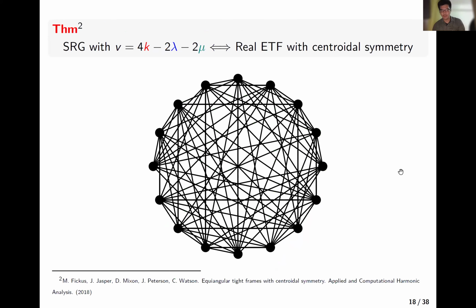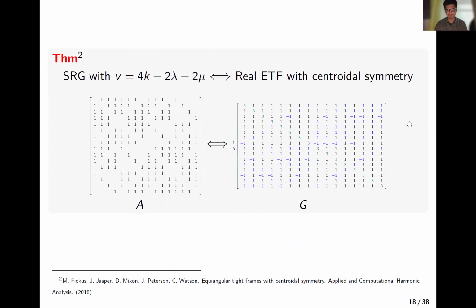As it turns out, by work by Fickus, Jasper, and the other authors below, an SRG, or strongly regular graph, with these parameters corresponds to a real ETF with centroidal symmetry. We're not going to go too deeply into this, but here's the idea. If we start with the Gram matrix of our real equiangular tight frame with centroidal symmetry, we can replace the positive entries with 1s, replace the negative entries with 0s, and then remove the diagonal.